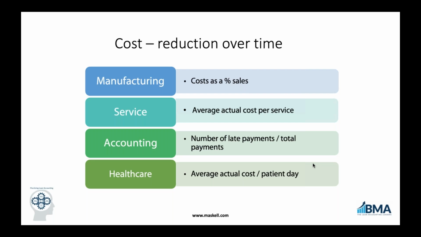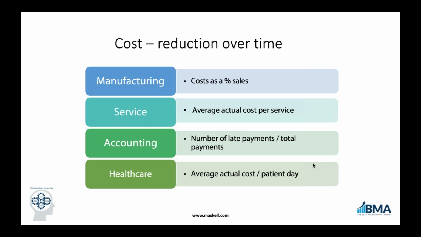So we can look at manufacturing as cost as a percent of sales. As you're creating capacity, as you're making the work more streamlined and effective for employees to do, you're going to create capacity so that they can take on more business. As your business is growing, you're going to find, ideally, one of the outputs of the lean strategy is that your costs as a percentage of sales are going down because your sales are increasing.